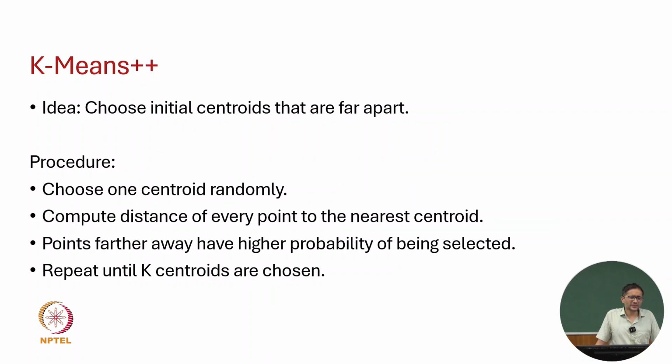That's why there are several solutions proposed in the literature. One possibility is k-means++, where the idea is to choose initial centroids that are far apart. The procedure goes like this: choose one centroid randomly, compute the distance of every point to the nearest centroid, and points further away have higher probability of being selected as the next centroid. Repeat until the desired number of centroids are chosen.